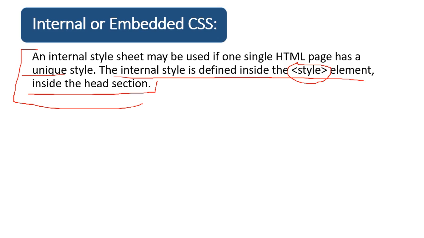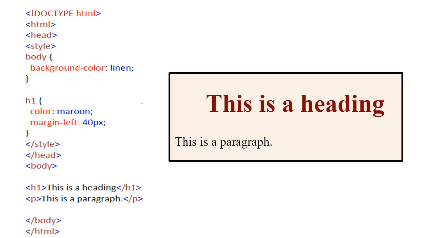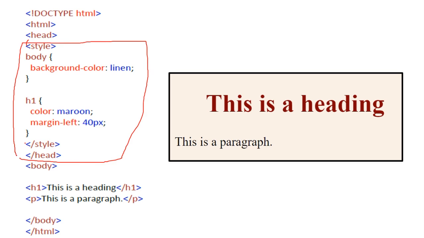This is an example of how to use internal CSS. The style is declared inside the head tag, and inside it we have a style tag. Inside this style tag we have the design for the selectors, the elements body and h1.